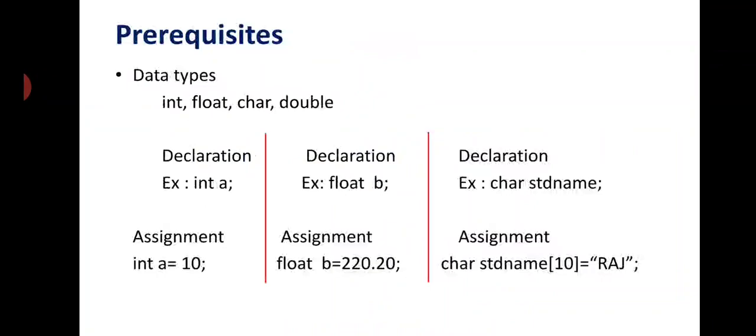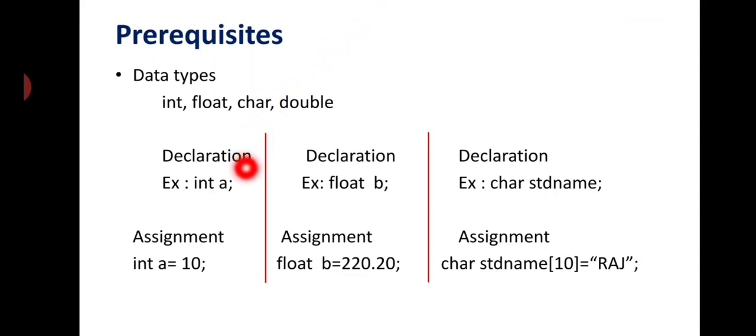You remember what is a variable? Data which changes its value during the execution of the program is called a variable, and which does not change its value during the execution of the program is called a constant, right? How do you declare a variable? Here an example is shown: int a.